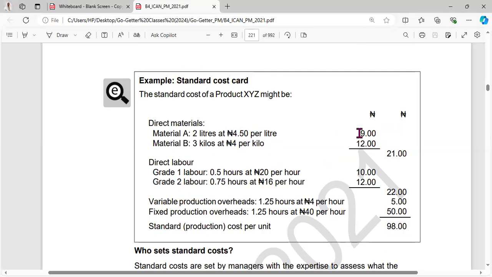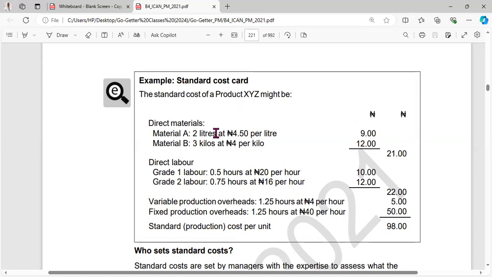Okay, then this one here is done by the production manager because he knows that 2 liters is going to be used to make 1 loaf of bread. He gets this 4 naira 50 kobo from the purchasing manager, simply multiplies by 2, he gets 9 naira. So all of this cost here, these particular ones here, are normally done by the production manager because he's the one in charge of production.